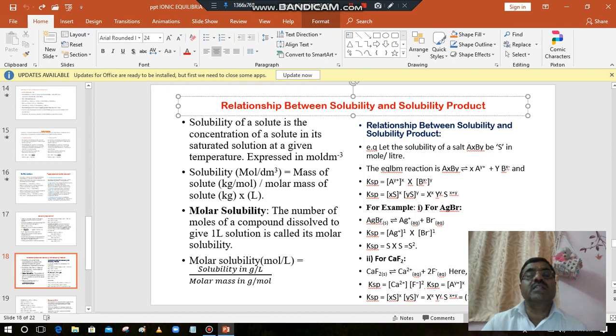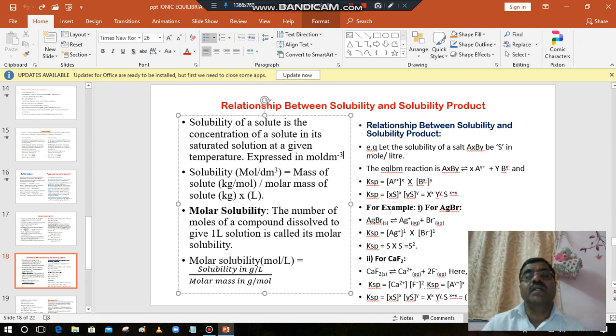Solubility of a solute is the concentration of solute in its saturated solution at a given temperature, and it is expressed in mole per dm cube. What is the unit of solubility? Mole per dm cube. It means the number of moles per dm cube or per liter.